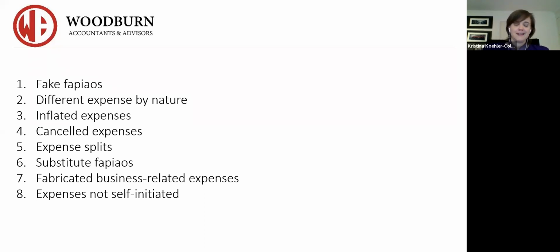Could be that actually the one person paid the entire bill and the other person is just asking for a refund, but they were able to persuade the restaurant to give 2 Fapiaos. So be wary of these expense splits. Substituted Fapiaos, again, that's a little bit by different expense by nature. You're substituting Fapiaos for other activities and other forms of expenses.